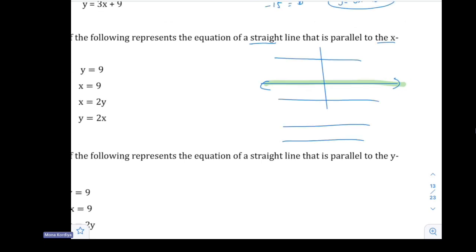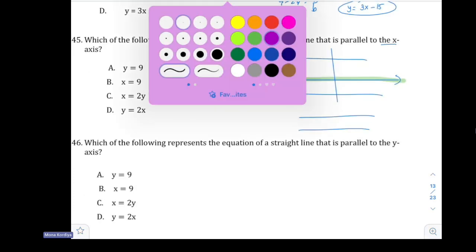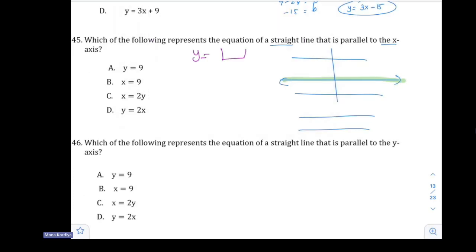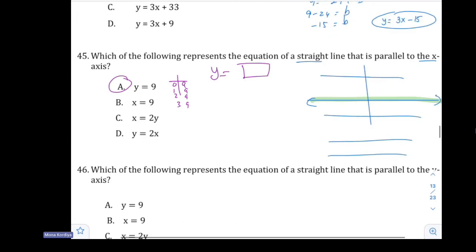Usually horizontal lines appear when you have an equation with y equals a constant number, y equals 2, y equals 9, whatever, because it will be constant at this value of y, irrespective of the value of x. So this will be our answer, because if you graph this, y will be staying at 9, even if the axes are different. So if you graph it, all will be at 9.